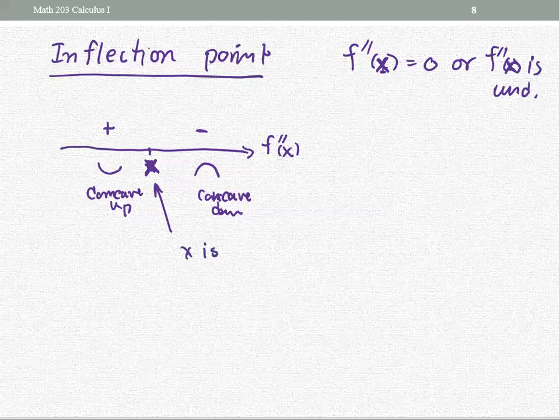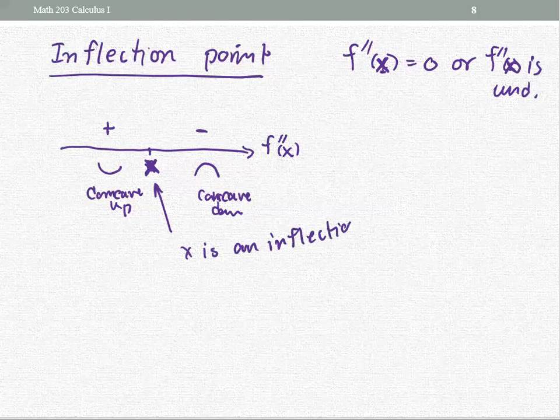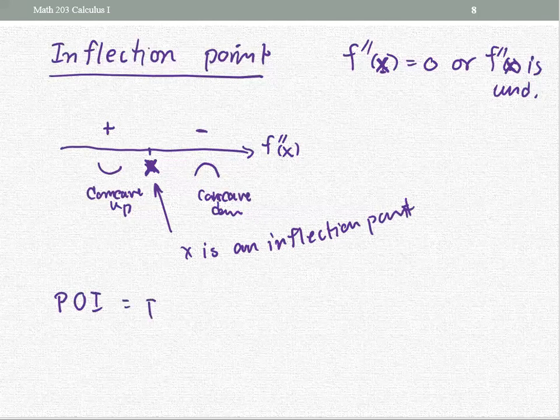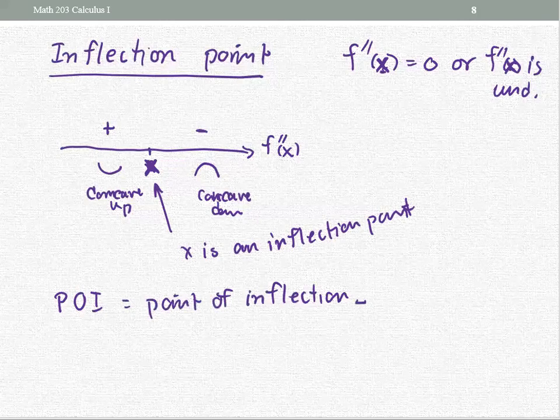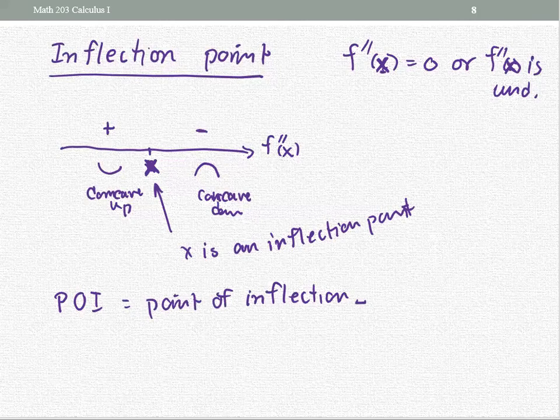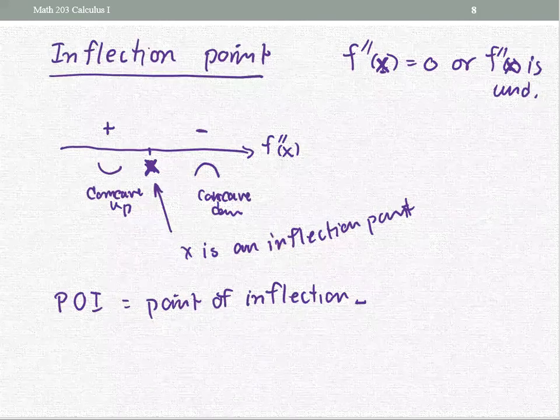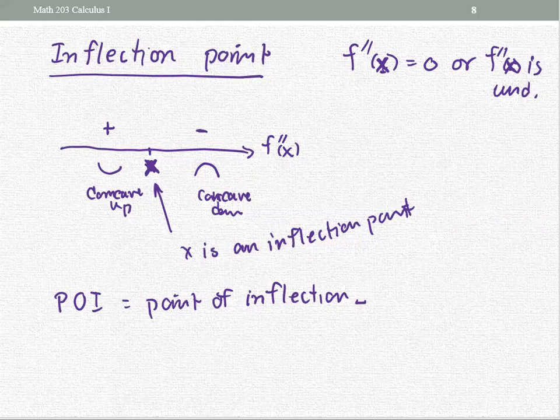So x is an inflection point. Some textbooks use the term POI, which is the point of inflection, just in case you use more than one book as a reference. If the sign changes, yes. If the sign doesn't change, we don't call that an inflection point.